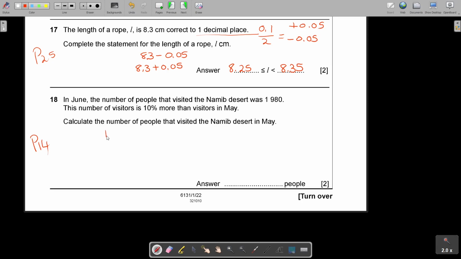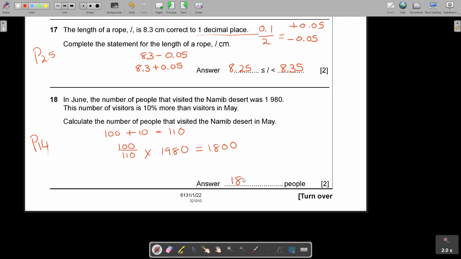So it was 100, and then they add 10. So it's 110. And then it's 100. That's where the reverse percentage is always where the 100 is on top. So it's 100 over 110, multiply that by 1980, and then I get 1800.